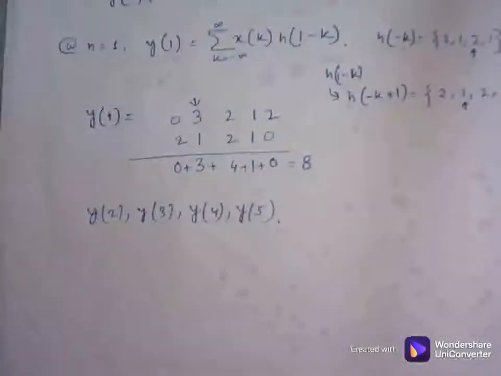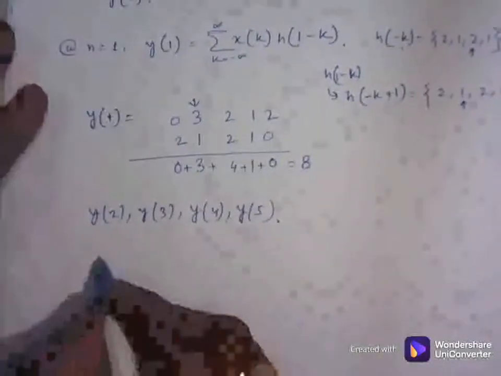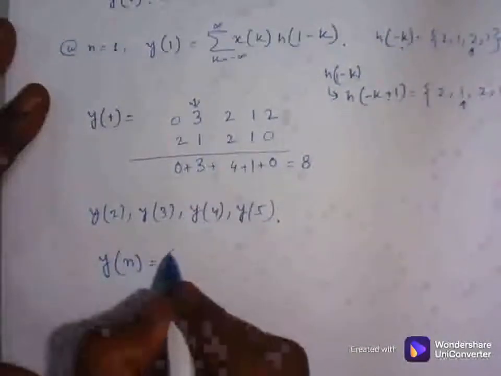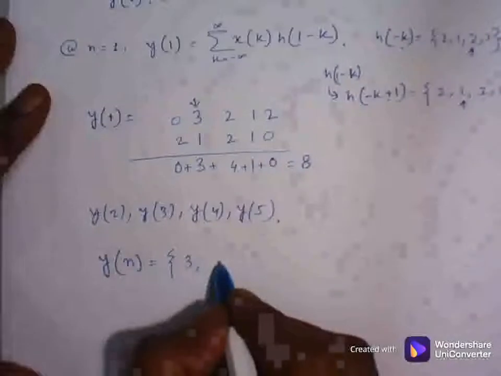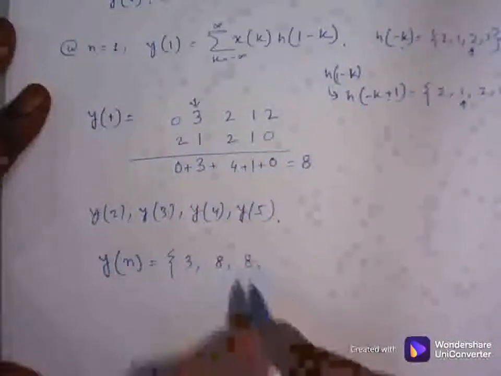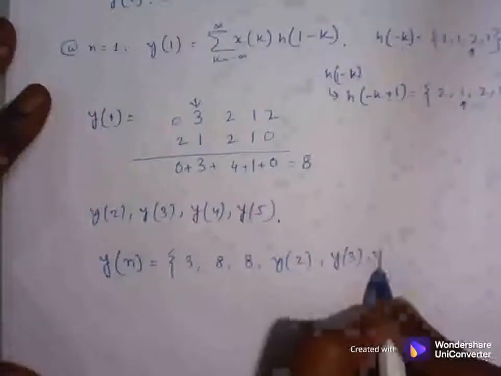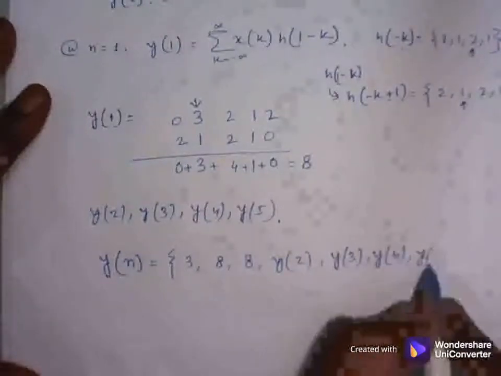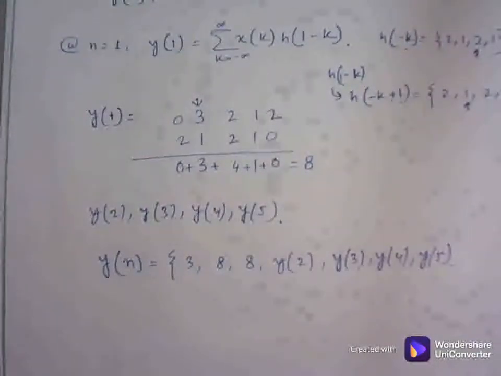This one you have to calculate. So your final y of n equal to 3, 8, 8, then y of 2, y of 3, y of 4, y of 5. So now by this process you will find out the convolution sum of two signals.